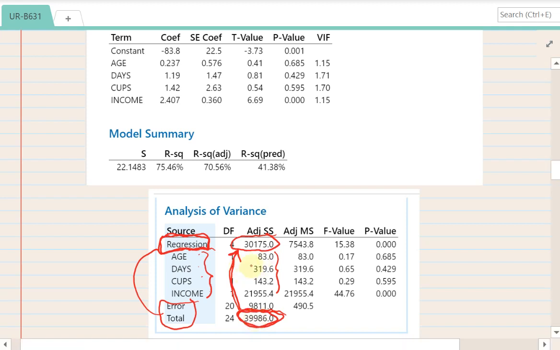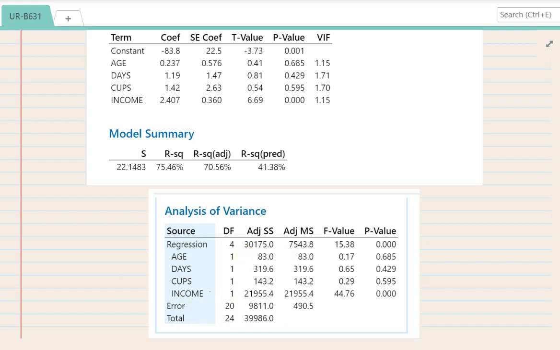Between these 4 variables, if you look at this one, let me clear this up so it's not too cluttered. Okay, so now I'm just looking at income. Look at income and look at this number. See that? So of this 30,000 and change total sum of squares due to the regression model, almost 22,000 of it comes from income.